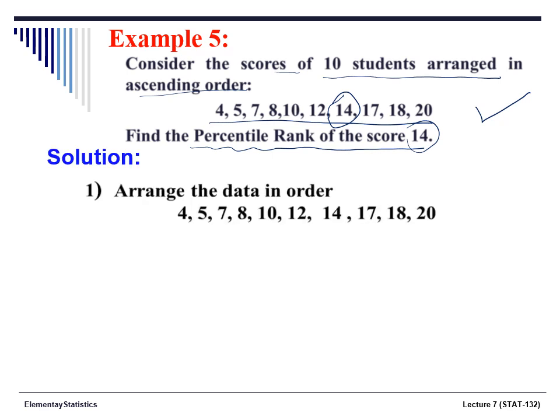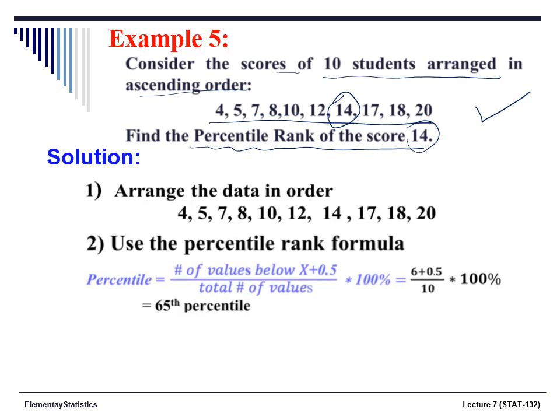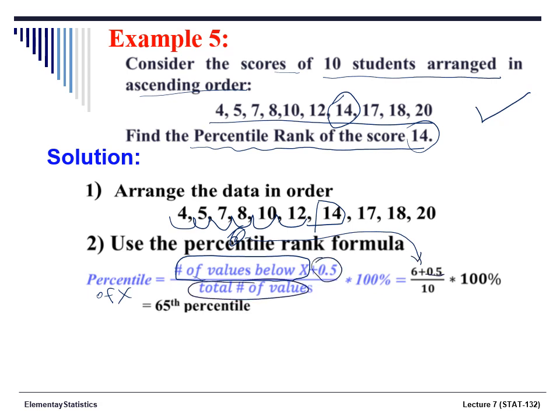If you remember the formula, the percentile of X is the number of values below X. Here it's 14. So how many numbers? 1, 2, 3, 4, 5, 6. 6 numbers. You write it here, then add 0.5. Then find the total number of values.